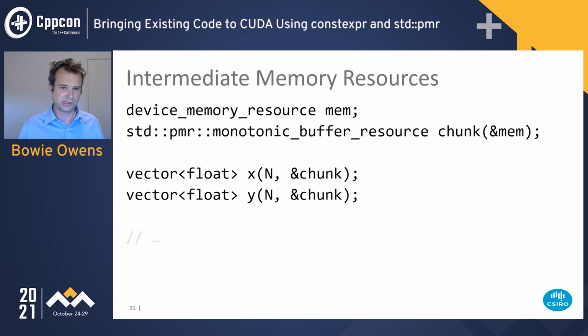Then you can use the final type, whether it's a device memory resource or a unified memory resource, or one of the memory resources that will allocate on the CPU. And you can overload functions or use type checks to do the right thing for the memory resource, knowing where the memory is going to be coming from.